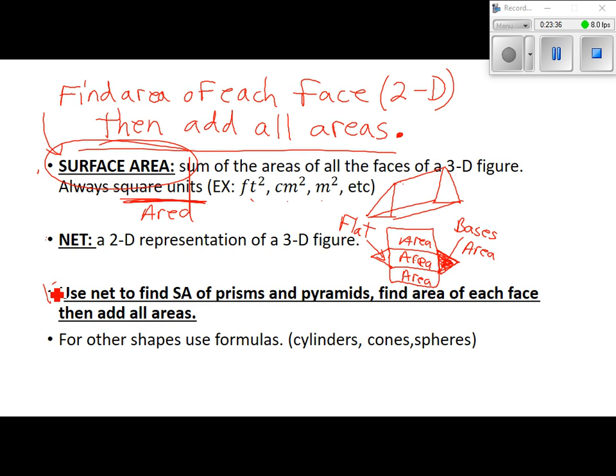Down here at the bottom, it tells you to use a net to find the surface area of all prisms and all pyramids. For spheres, cylinders, and cones, we will use the formulas that you're going to get. But for prisms and pyramids, it's easiest to do this. If I had a rectangular pyramid, it might look something like this.